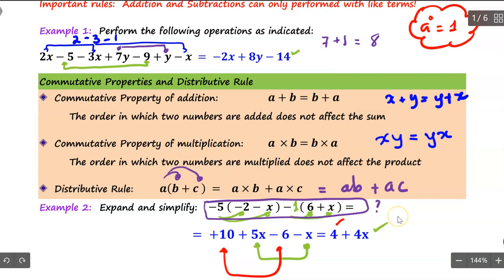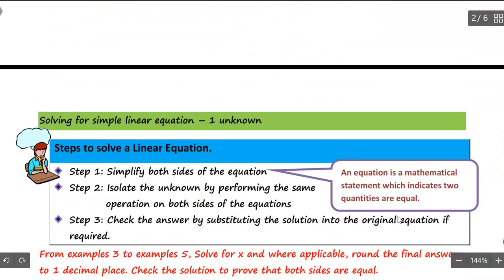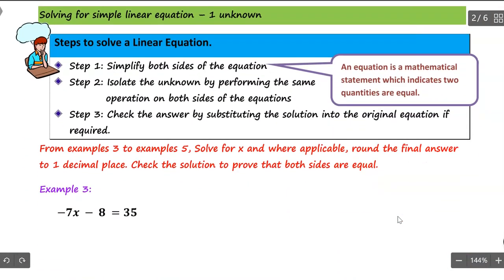So the difference between the expression and the equation is that the equation gives you an equal sign and something on the right-hand side. So I have to simplify both sides of the equation, isolate the unknown by performing the same operation on both sides of the equation. Then check the answer by substituting the solution into the original equation if required.